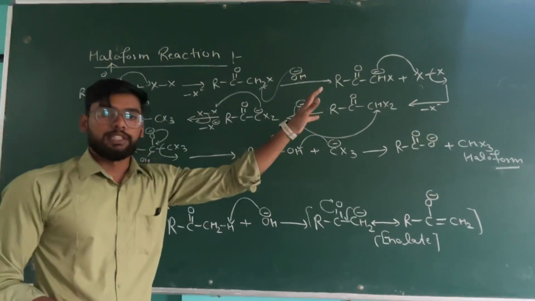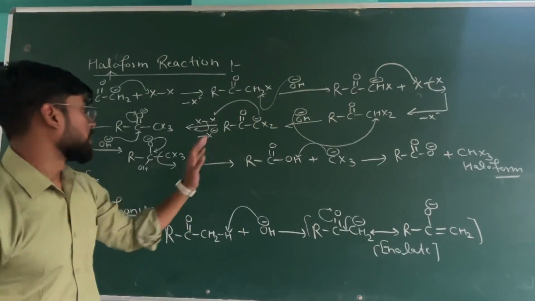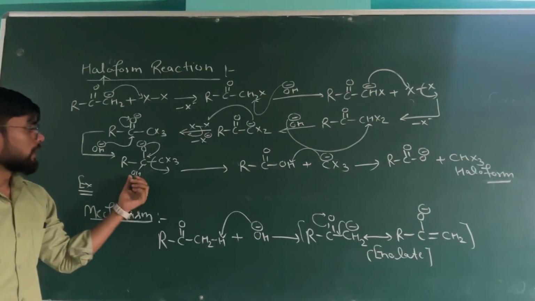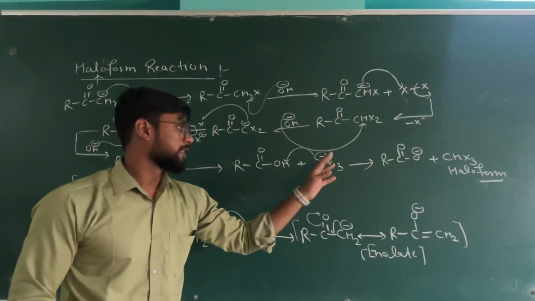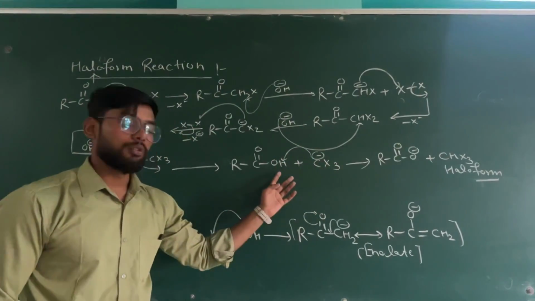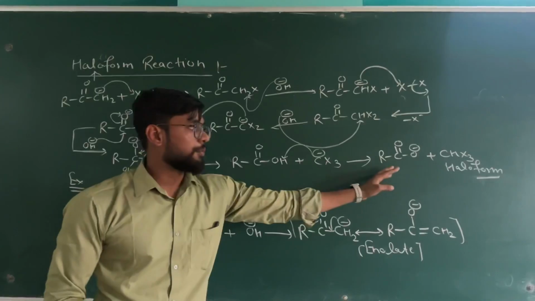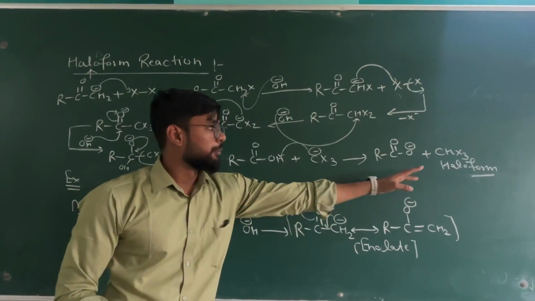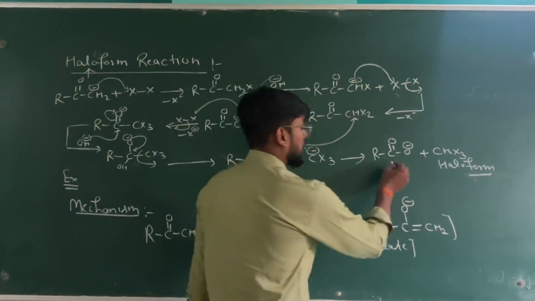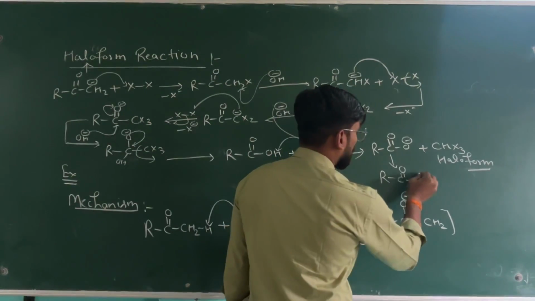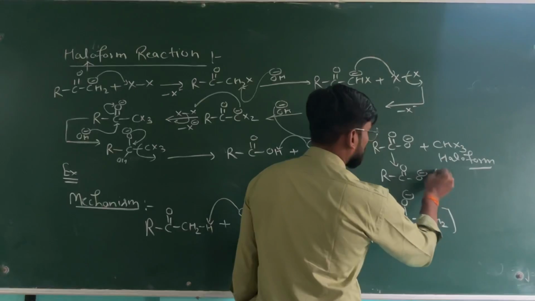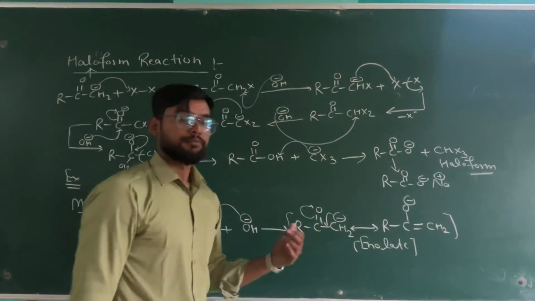Again the same process is repeated, forming the final one, RCOOH and CX3 minus. This CX3 minus accepts the proton from the acid and forms RCOO minus plus CHX3. This is stabilized as RCOO minus and Na plus, the sodium salt of the acid.